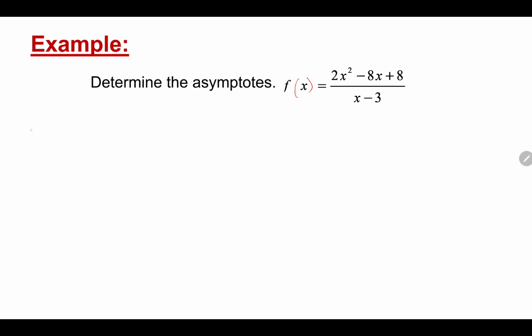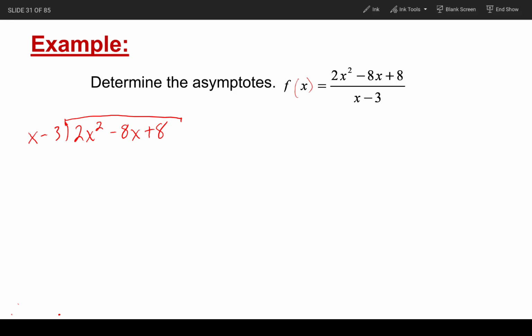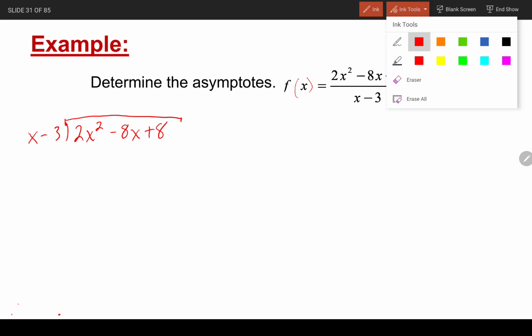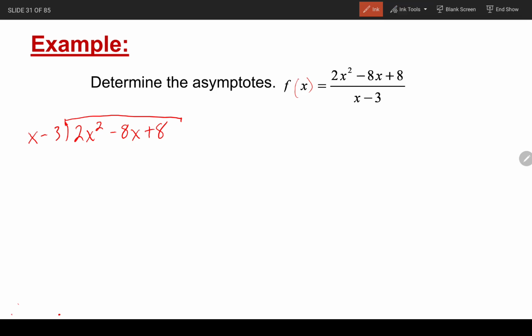We have x minus 3, and then we have 2x squared minus 8x plus 8. And we're going to do this division.